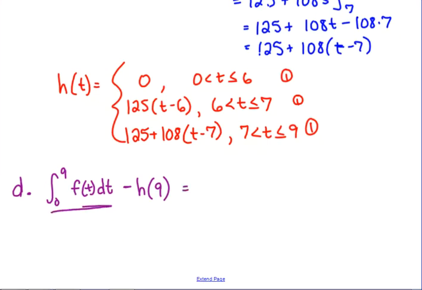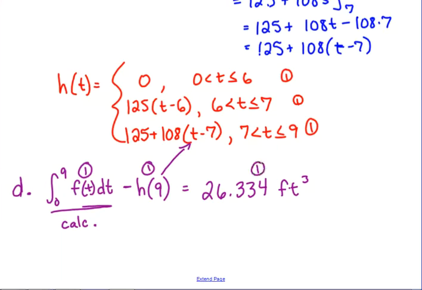When we do that, this is calculator, and you get 26.334 cubic feet. So you get 1 point for the integral, 1 point for including the h of 9, and 1 point for your final answer. It didn't say include units, but always be on the safe side and include units.